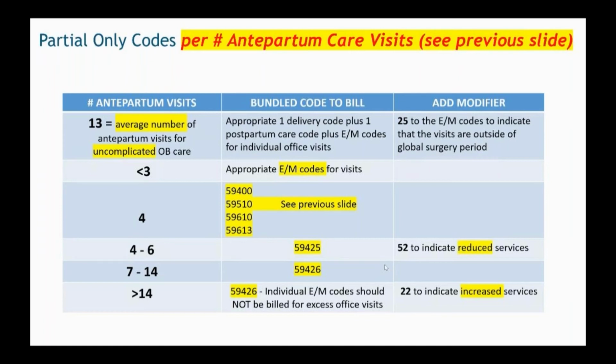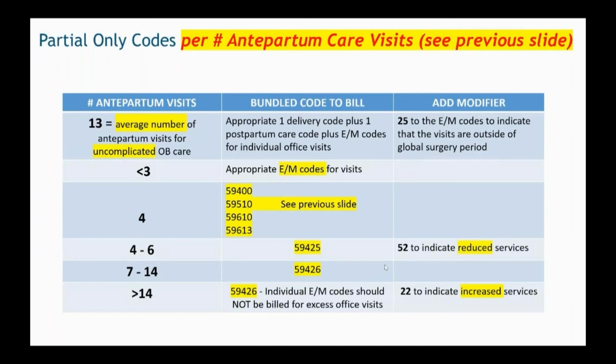But let's look at the second row. Less than 3, then now you're billing the appropriate E&M codes. 4, okay, now you've got different codes. You've got partial only.